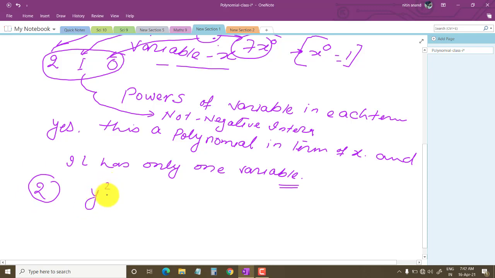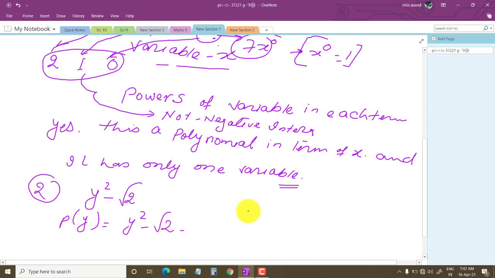Y square minus root 2. The question once again is: which of the following is a polynomial in one variable? Suppose this is a polynomial in terms of x. That means we will write p(y) equal to y square minus root 2. Clear?